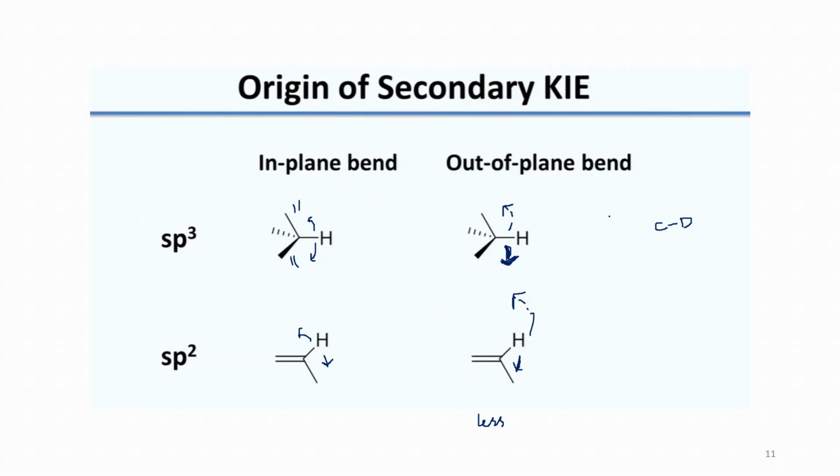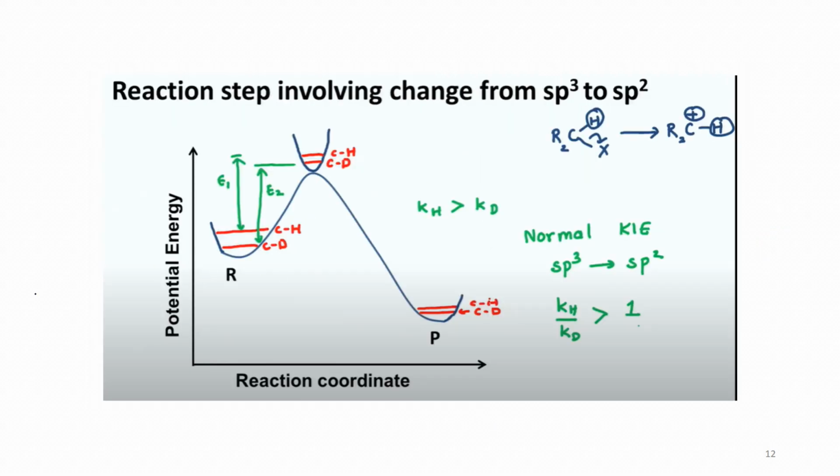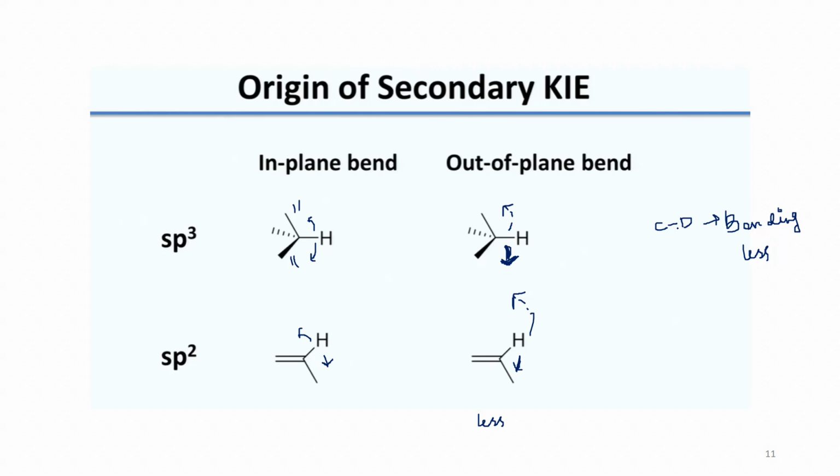Due to the shorter length of the CD bond, the bond bending will be less. Therefore its energy will be less.